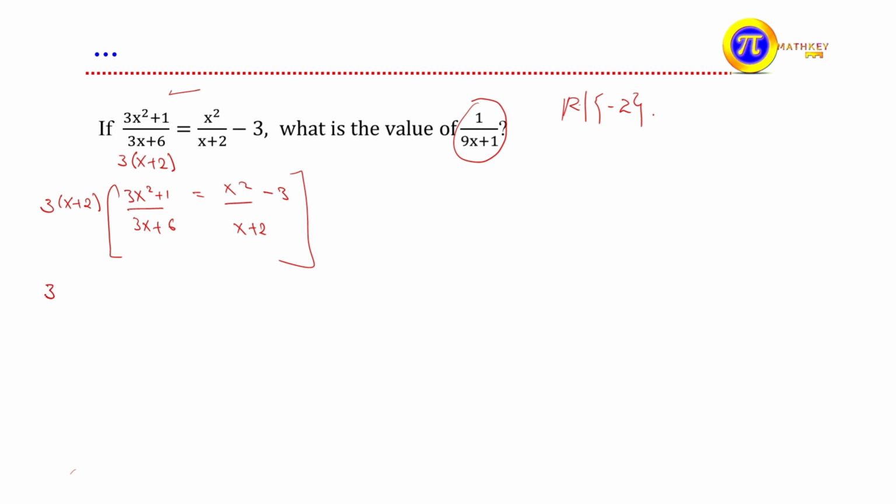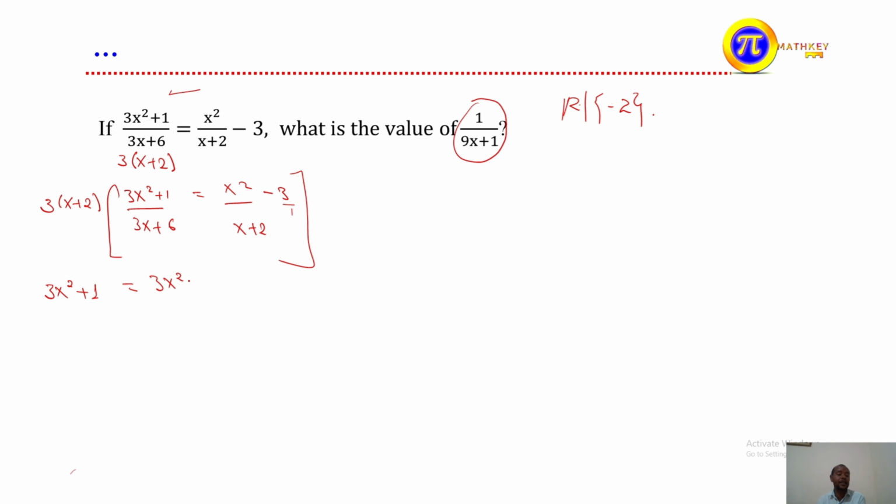What remains in the first case? We have 3x squared plus 1 on the left side. On the right side, we cancel x plus 2 by x plus 2 and 3 remains, so this is 3x squared for the first term. For the second term, take 1 as it is.